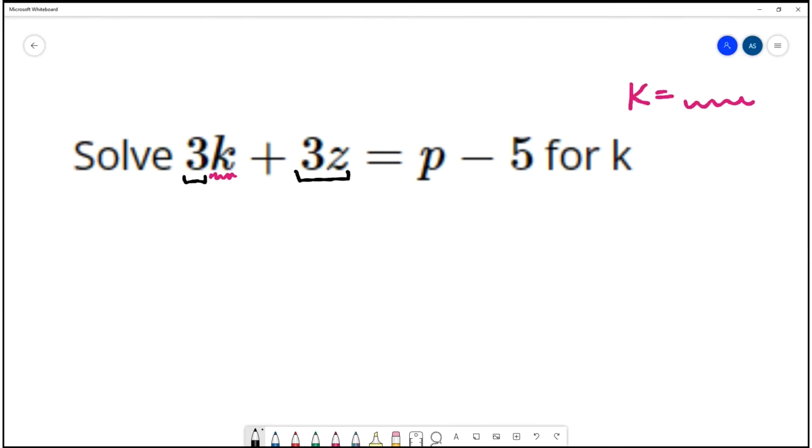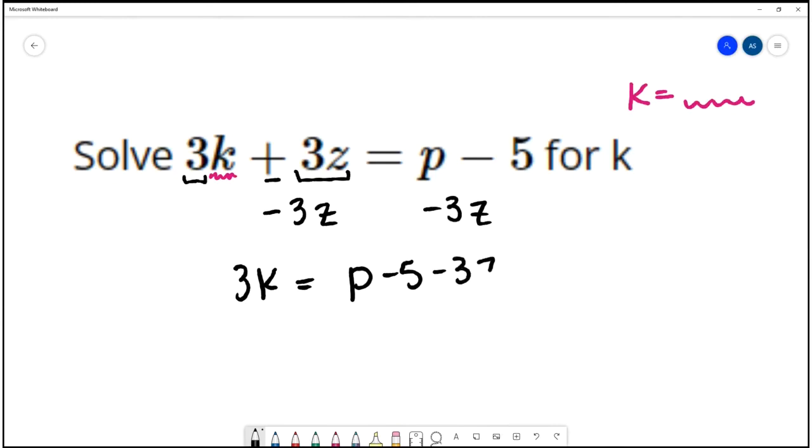We're going to use reverse order of operations. So this term that's added we'll get rid of first. So we'll subtract 3z on both sides. And that gives 3k equals p minus 5 minus 3z.